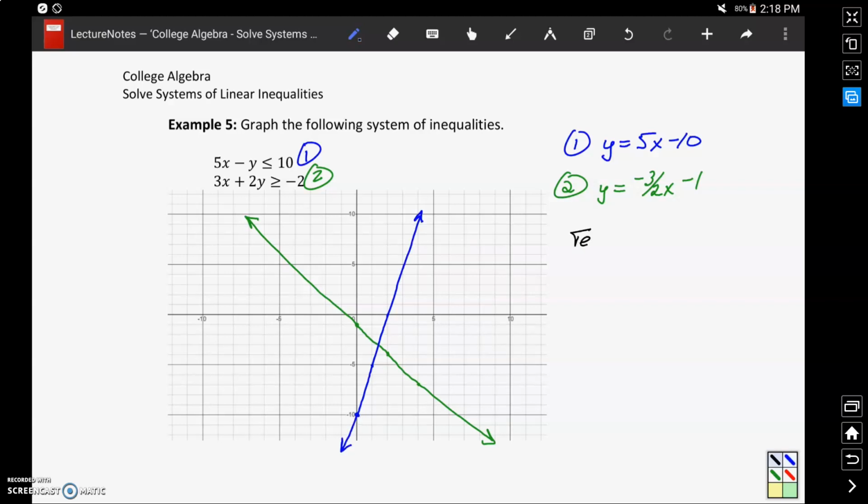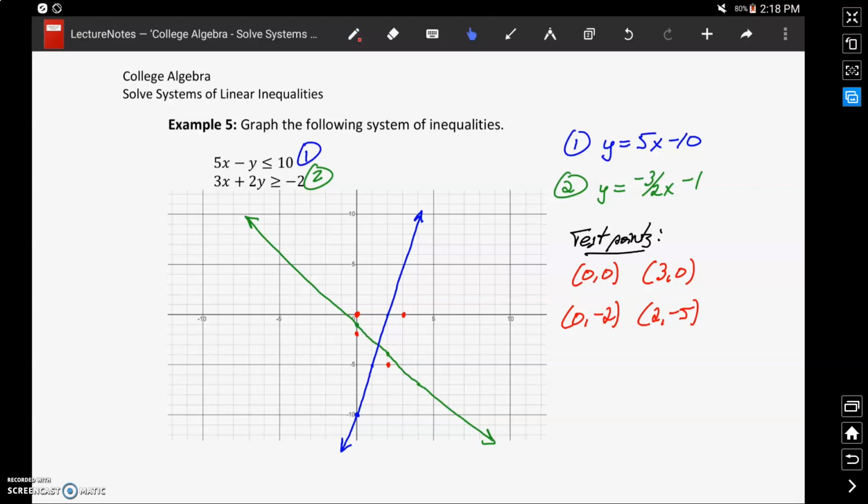And then we can again look at choosing test points. This time around, our lines don't pass through (0, 0), so we can use (0, 0) as one test point. We can also look at using (3, 0), (0, -2), and (2, -5).